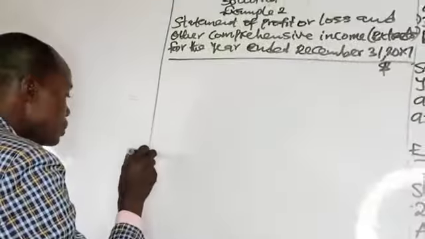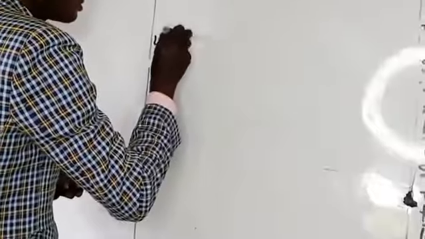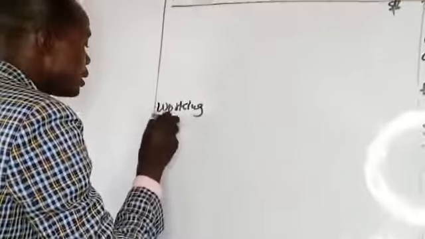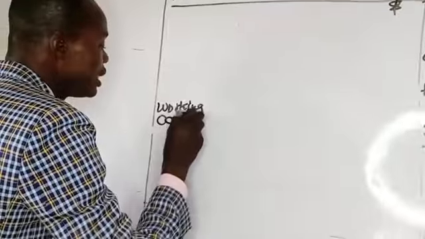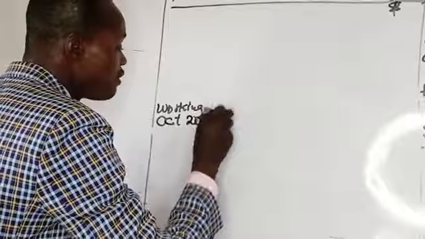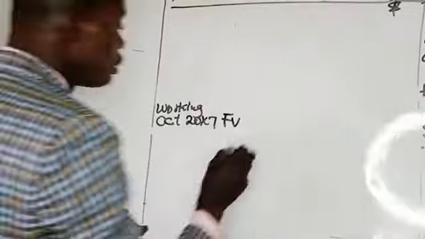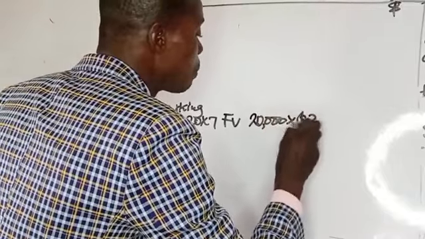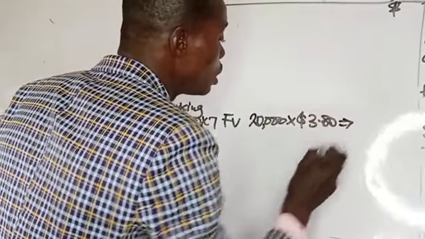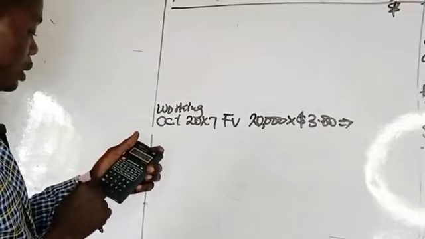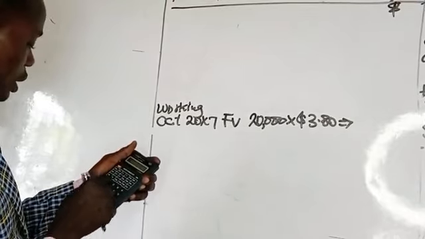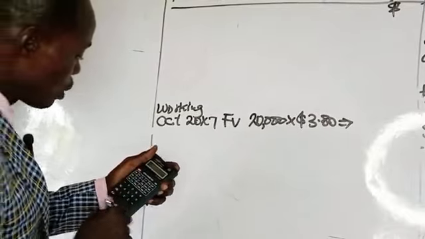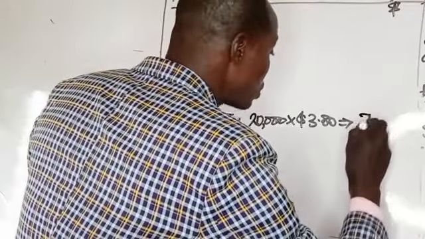20,000 shares were acquired and the price was 3.80. So we have working: October 20x7. You have fair value of that investment, which is 20,000 shares, and the price is 3.80. 20,000 times 3.8, so we have $76,000.